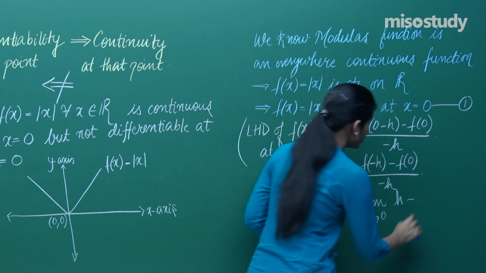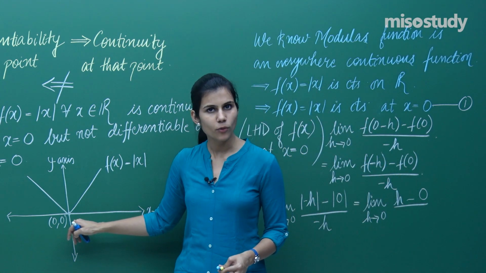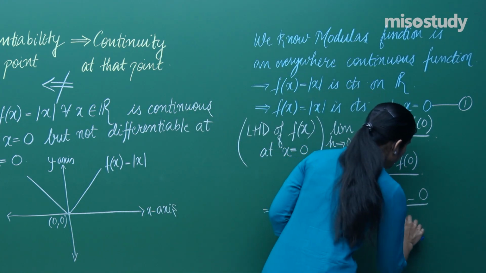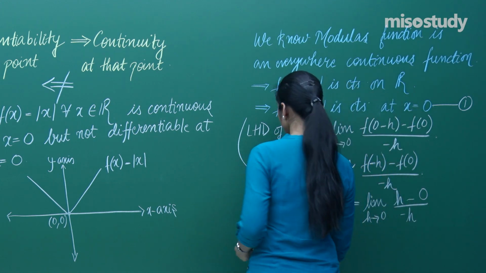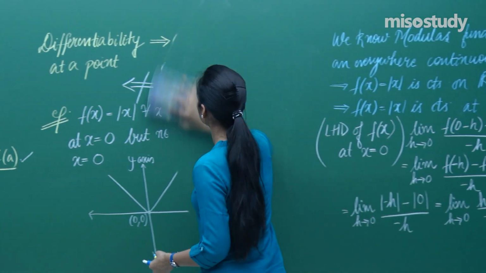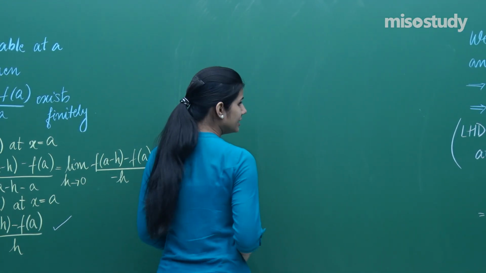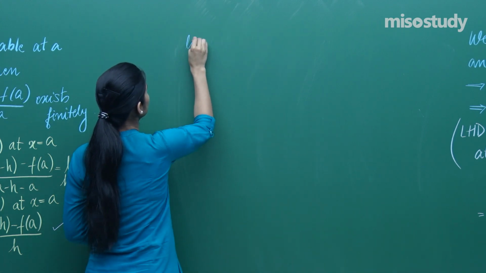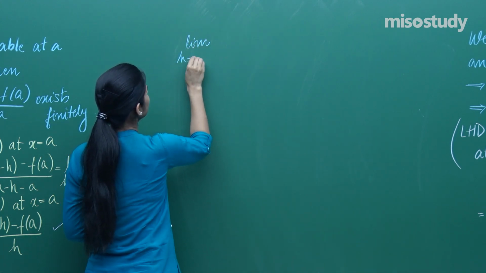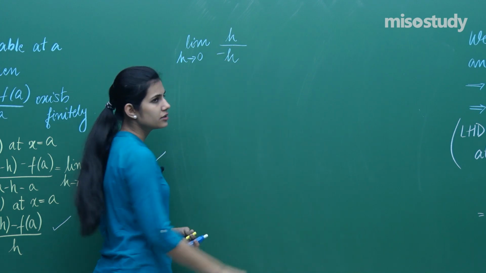H minus mod 0 is 0. You know f of 0 is 0, mod 0 is 0, whole upon minus h. What will this become? This is limit h tends to 0, h upon minus h.